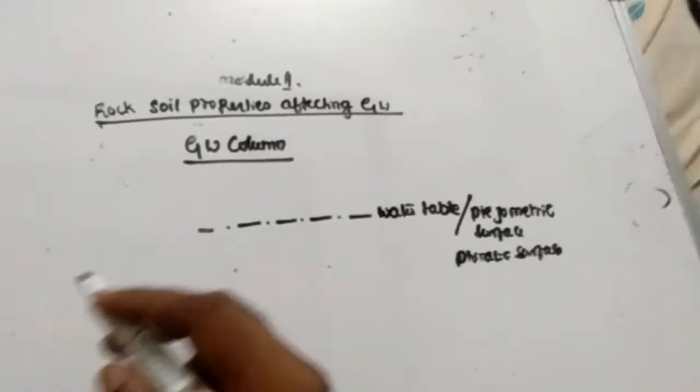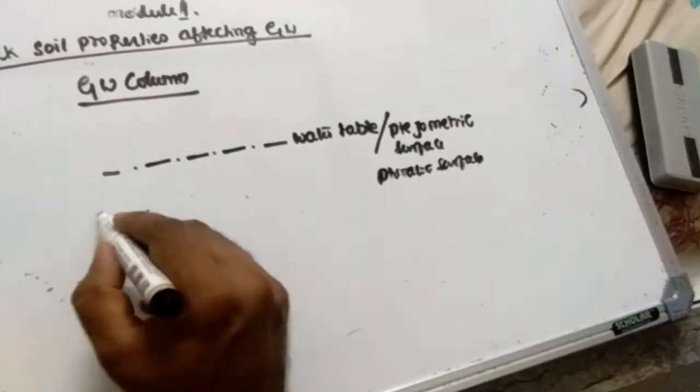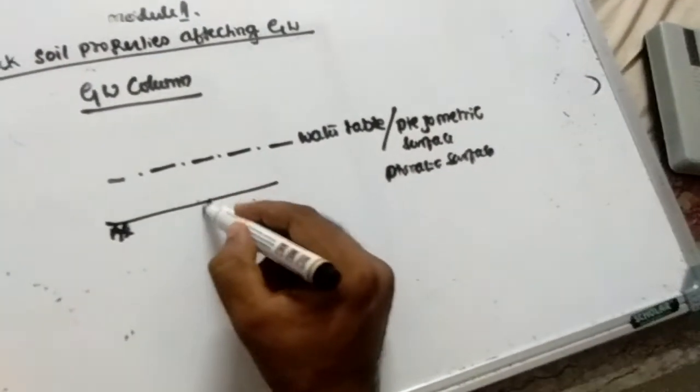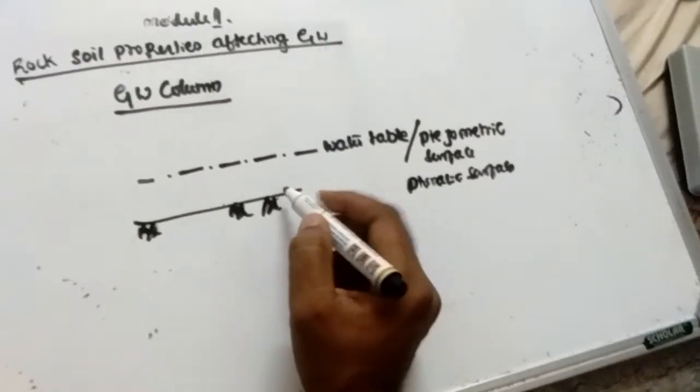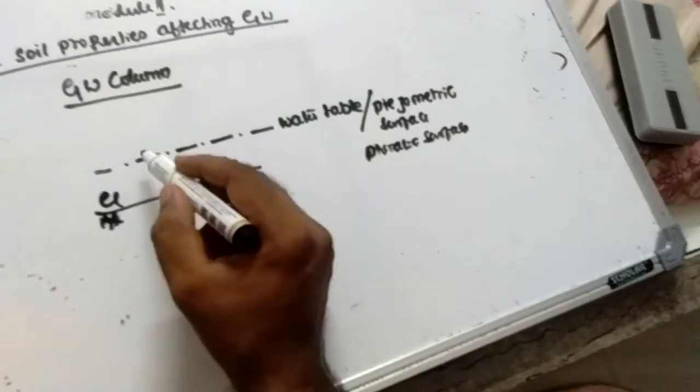Essentially, suppose this is the ground, and the water table is denoted by WT.